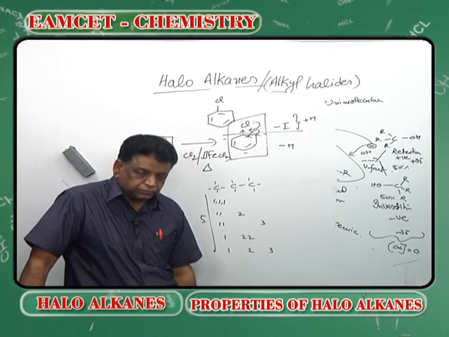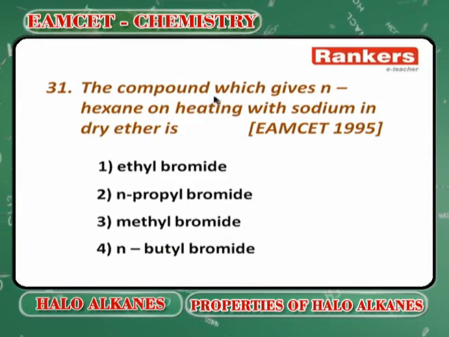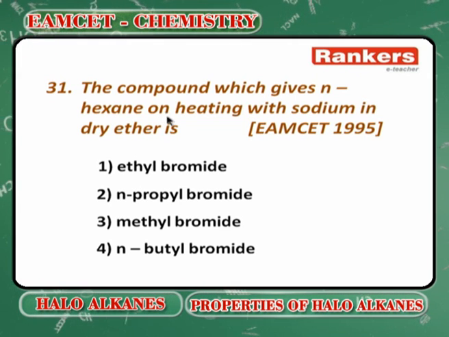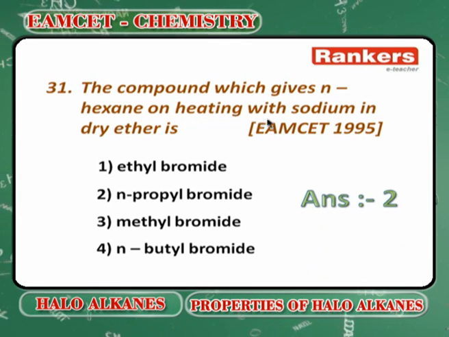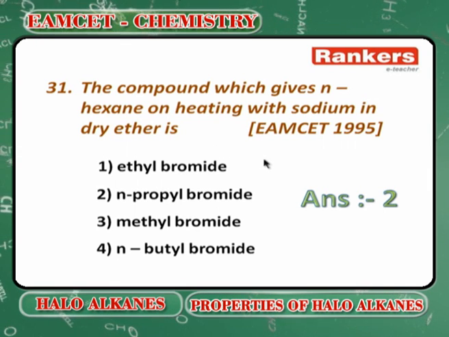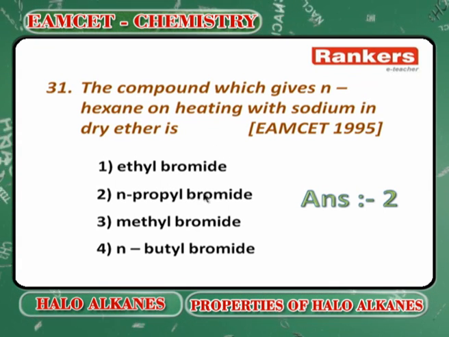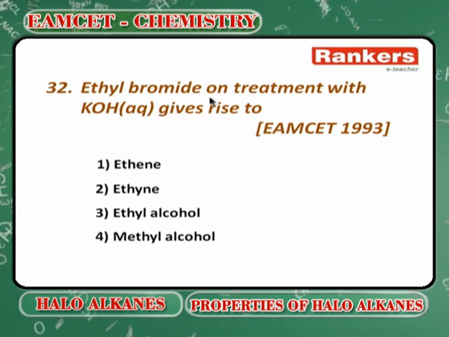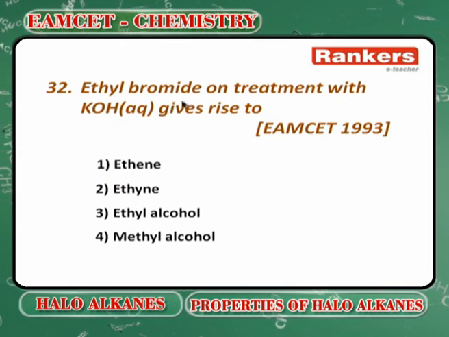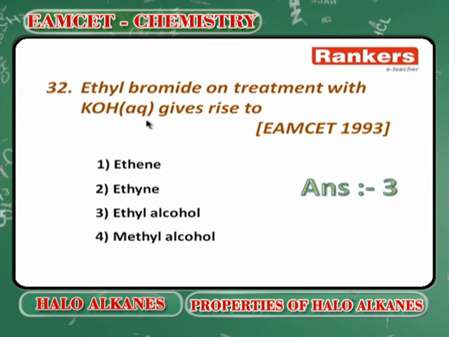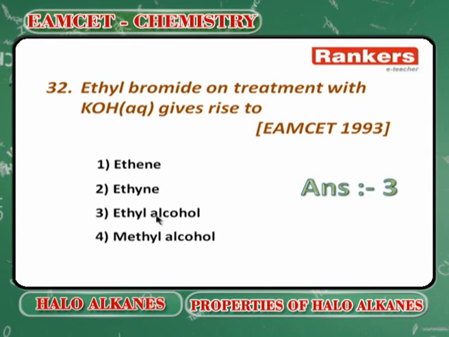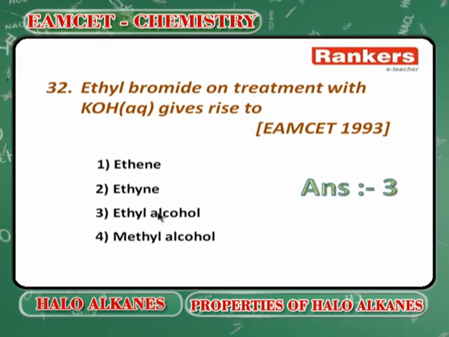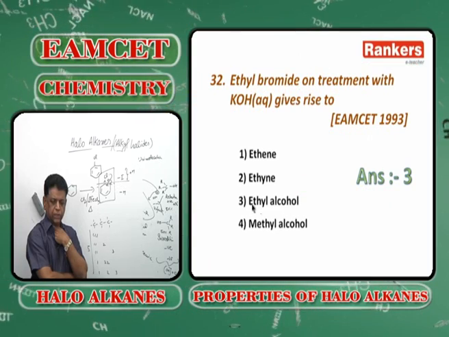Next, the compound which gives n-hexane on heating with sodium in dry ether. You must take 1-chloropropane or 1-bromopropane, that is n-propyl bromide, so the answer is 2. Next, ethyl bromide on treatment with aqueous KOH gives ethyl alcohol, so answer 3. Aqueous means alcohol, alcoholic means ethylene, an alkene.